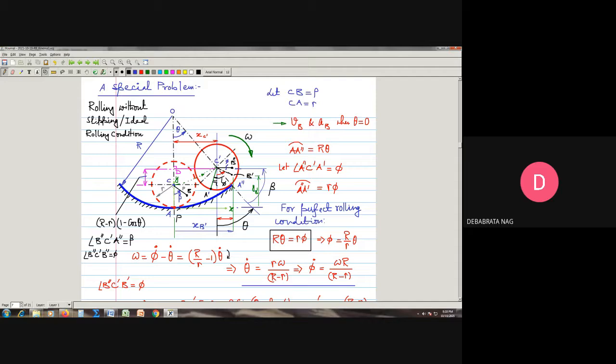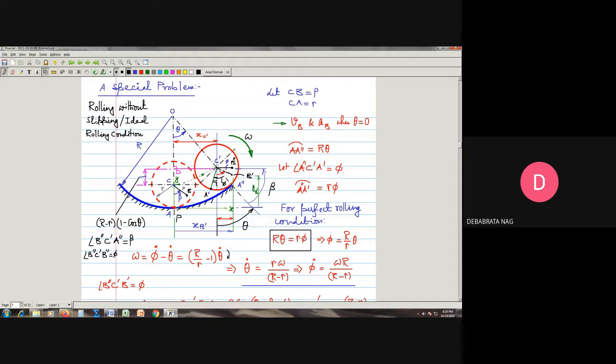So naturally, the total angle this c dash b dash is making with respect to the vertical is theta plus beta minus phi, correct? So this coordinate, this distance, will be equal to how much?